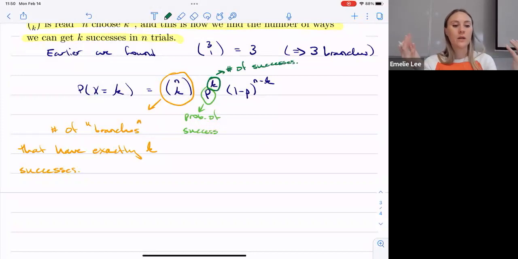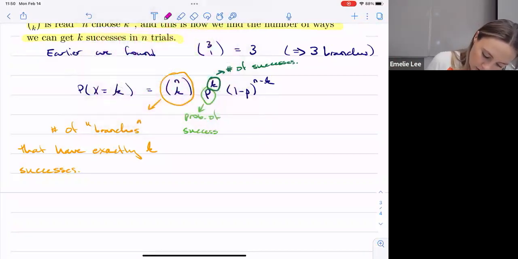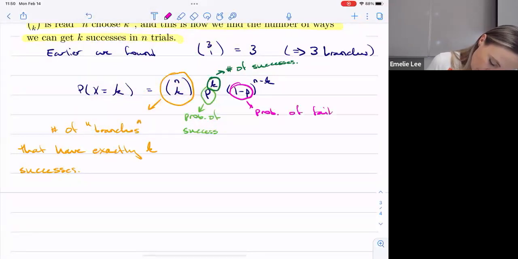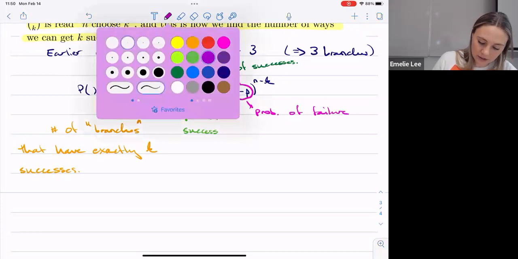If you think about your branch, if the probability of success has to happen exactly k times, well, that's how many times it appears in your multiplication. Right. 1 minus p is the probability of a failure, to the power of the number of failures.